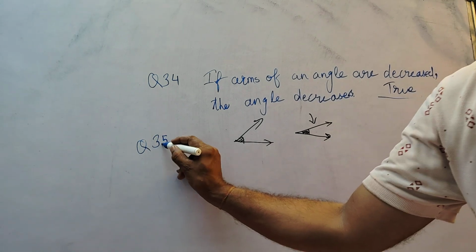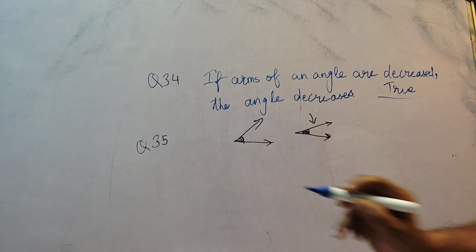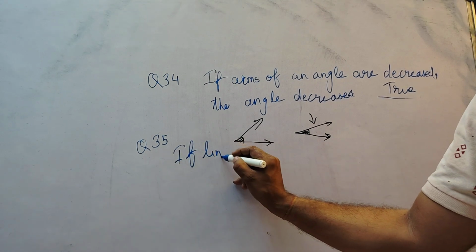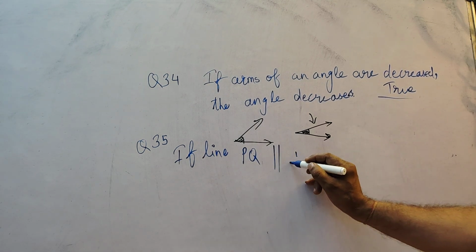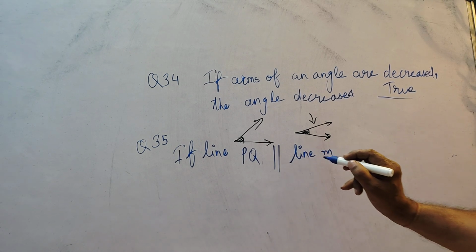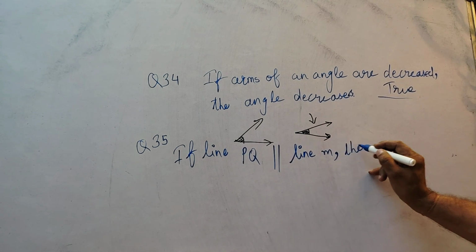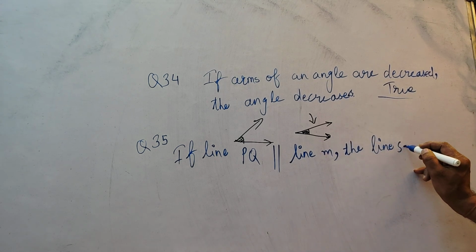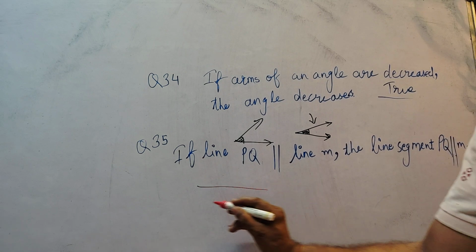Question 35. If line PQ is parallel to line M, then line segment PQ is parallel to M. Suppose this is the line PQ.